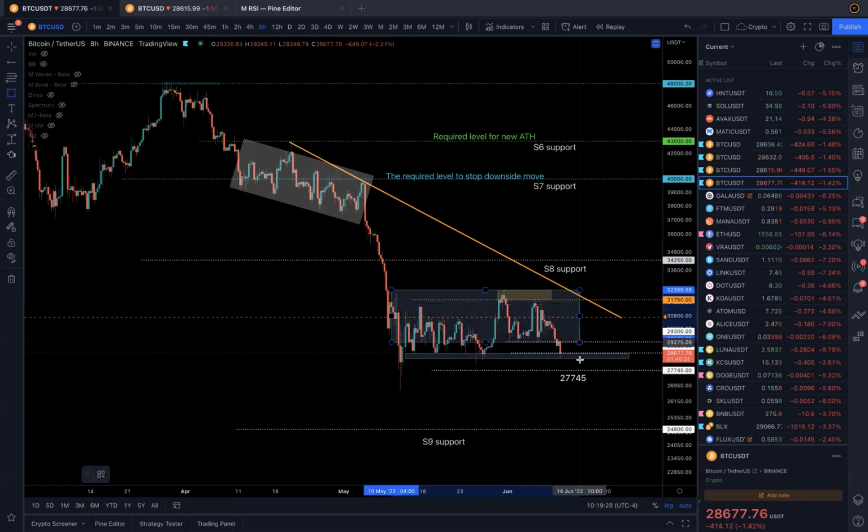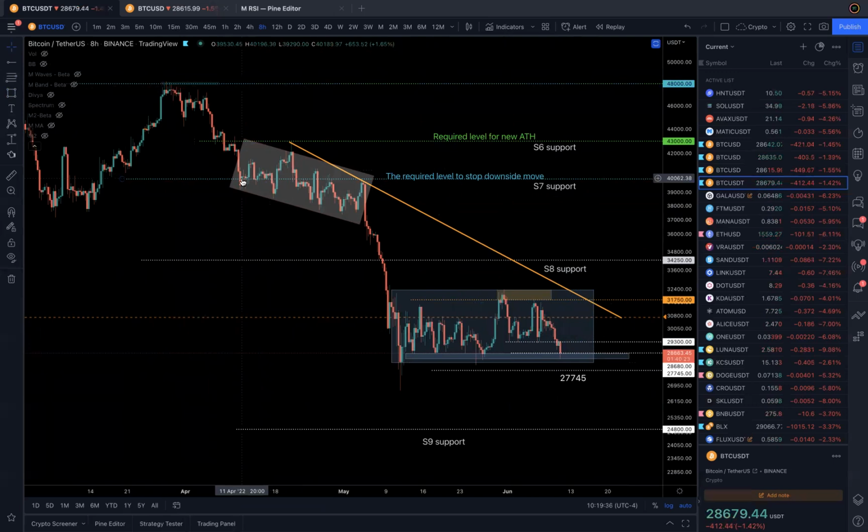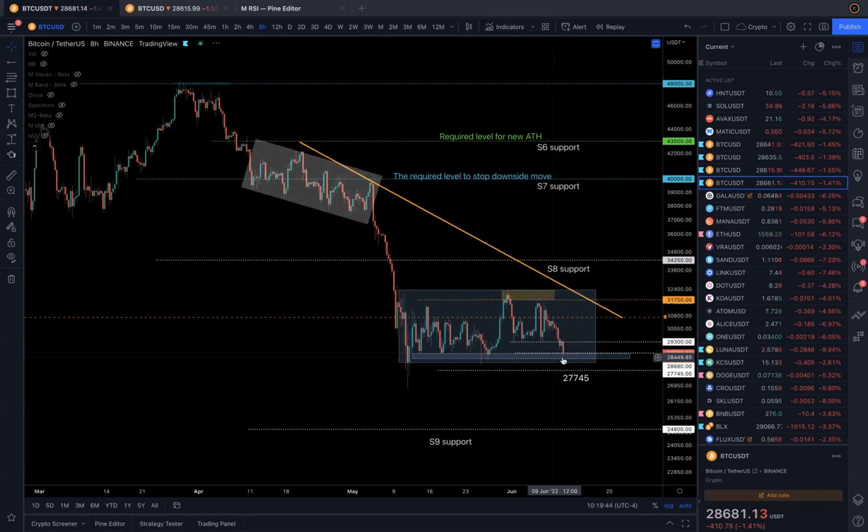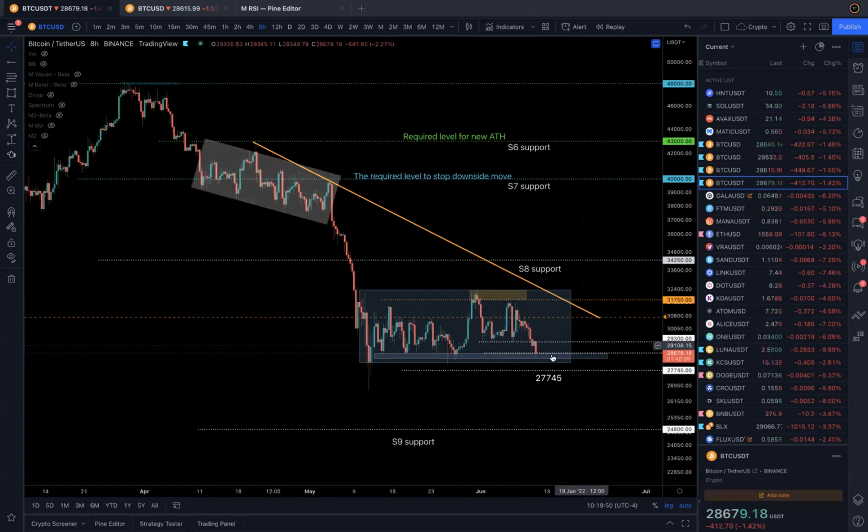So this was the top, a leg down, consolidation, a leg down, consolidation, and this is where we stand now. Definitely being here, it's not a pretty sight or level, but we cannot say it's doomed.